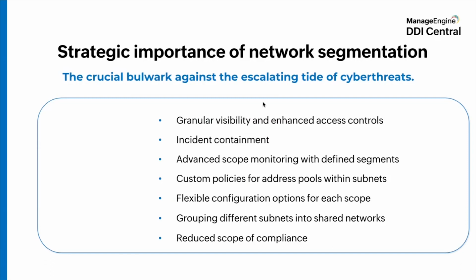By grouping different subnets into shared networks, we can club multiple non-consecutive and unrelated scopes to treat them as a single entity to apply custom policies collectively. You can reduce the scope of compliance by reporting the audits of only those segments to the regulators instead of the whole network.